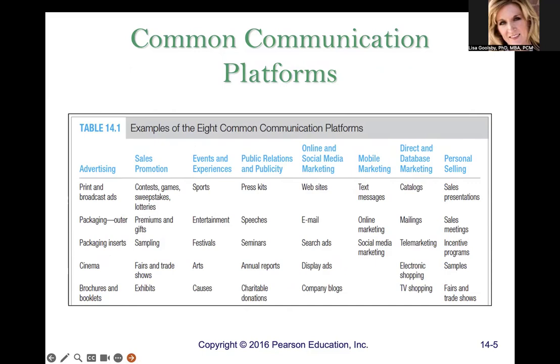So advertising, sales promotion, events and experiences, public relations and publicity, online and social media marketing, mobile marketing, direct database marketing, and personal selling, we have all these different ways of utilizing those. So advertising could be print and broadcast. It could be the packaging. It could be when you're sitting in a movie theater and the credits that come up or the information before the movie starts, brochures, booklets.